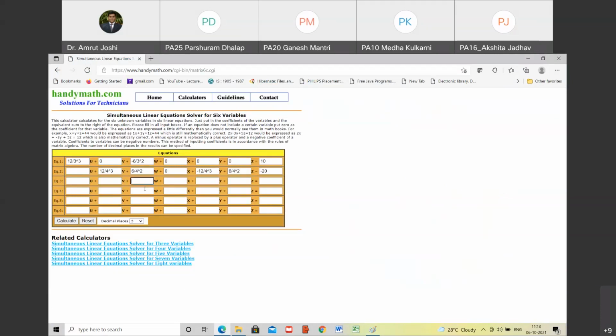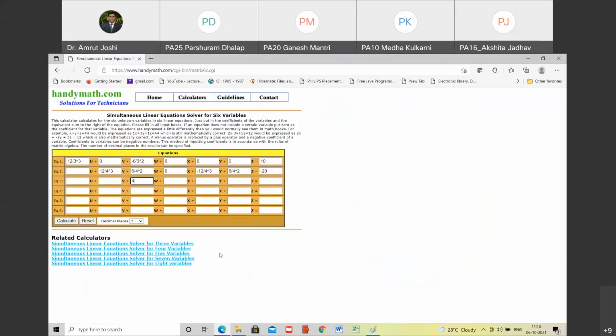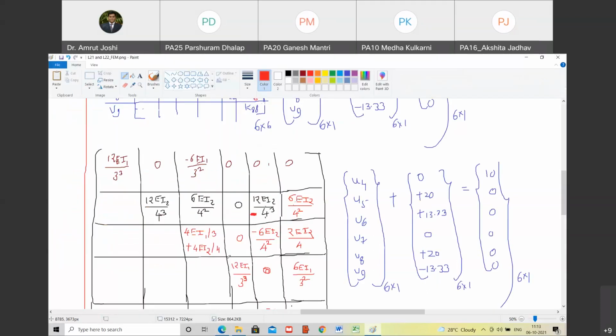Third equation, what is it? 4 by 3 plus 4 by 4. EI is constant, EI1 equal to EI2, so I can take EI common out. So it is 4 by 3 plus 4 by 4. Then 0.